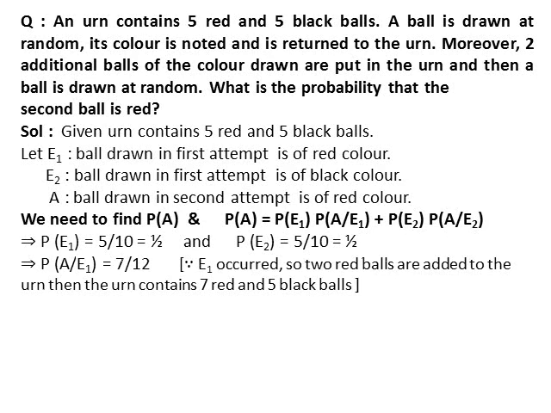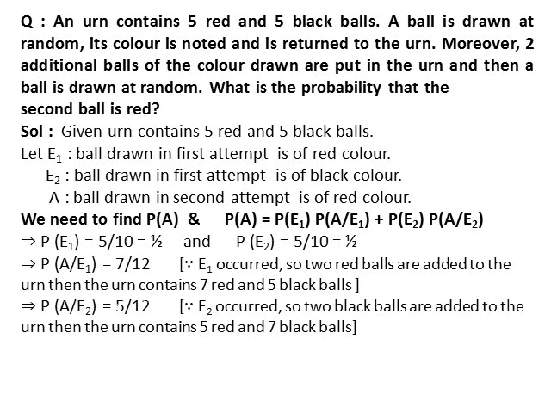Next, P(A given E1) is the probability of getting a red ball in the second draw, given that the ball drawn in the first attempt is also red. According to the condition, 2 red balls are added to the urn, so the urn contains 7 red and 5 black balls. So P(A given E1) equals 7 by 12.